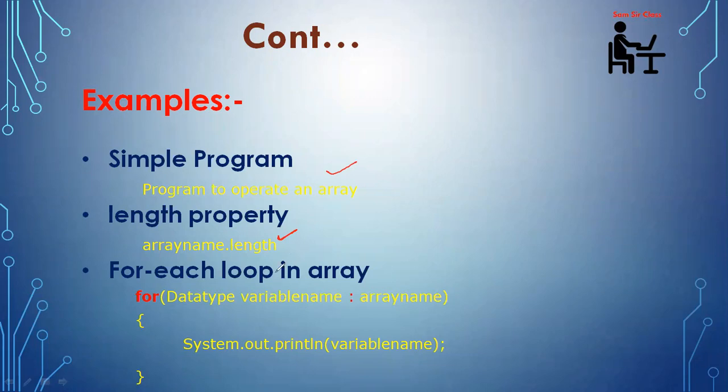And finally, you are using the concept of for each. You are declaring the variable here with the array name, and only the variable name will give you or will return you all the elements of the 1D array. Okay, so this will provide you an overall idea of one-dimensional array.